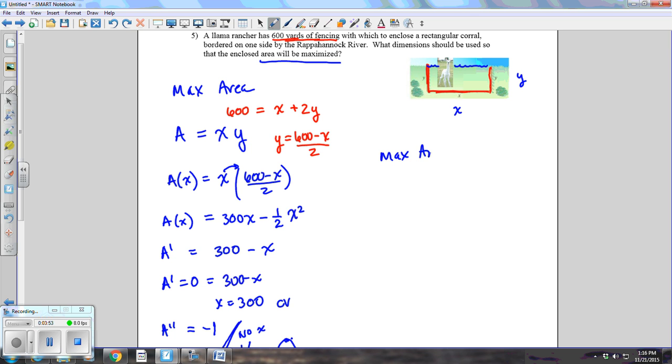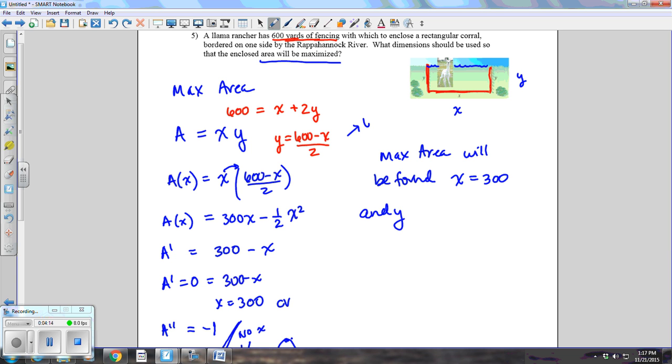So maximum area will be found if X is equal to 300, and then the Y value of that fencing comes from the substitution equation. And so let's see up here.